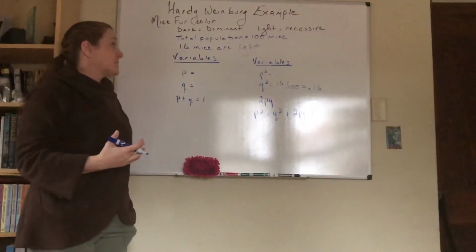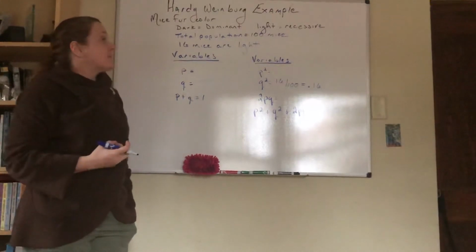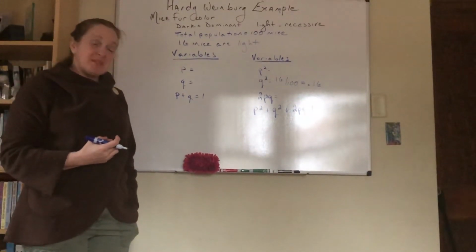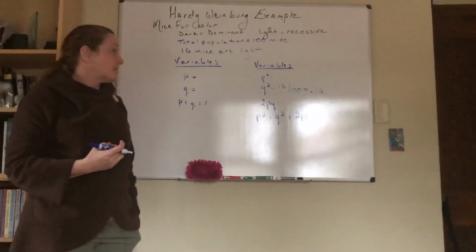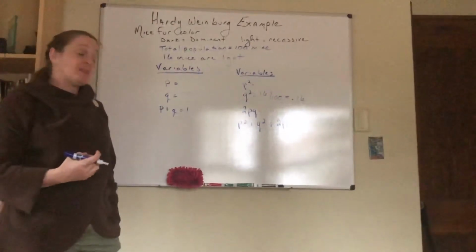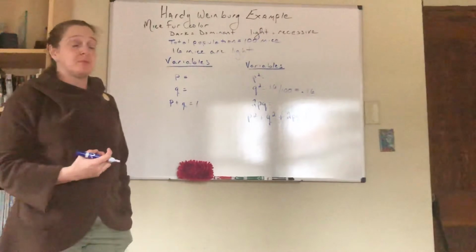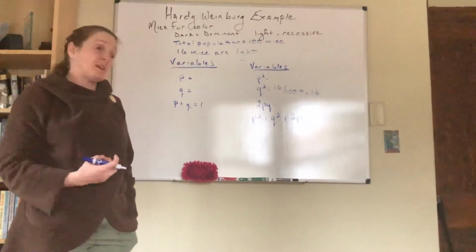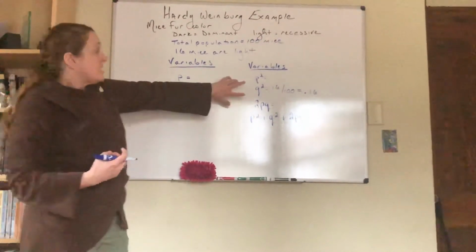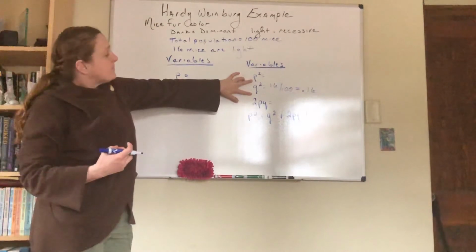The reason why is because I know that in order for a mouse to be showing me that light fur coloration, the only genotype that they can have is homozygous recessive, because the only genotype that shows recessive phenotype is a homozygous recessive genotype. So I start at Q squared.